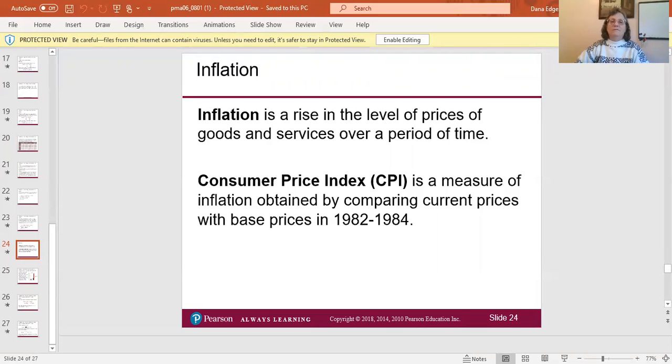The Consumer Price Index started out in 1982-84, and I believe they assigned that a CPI of 100. Every year, they take the percentage that prices went up and assign each year a CPI based on the percentage that prices rose over that year.